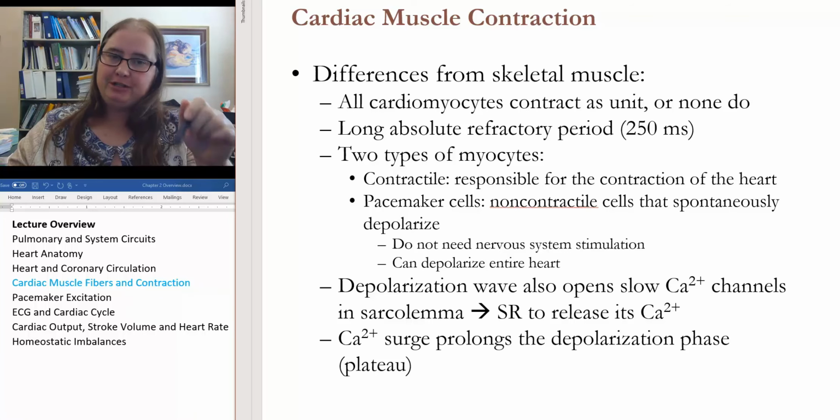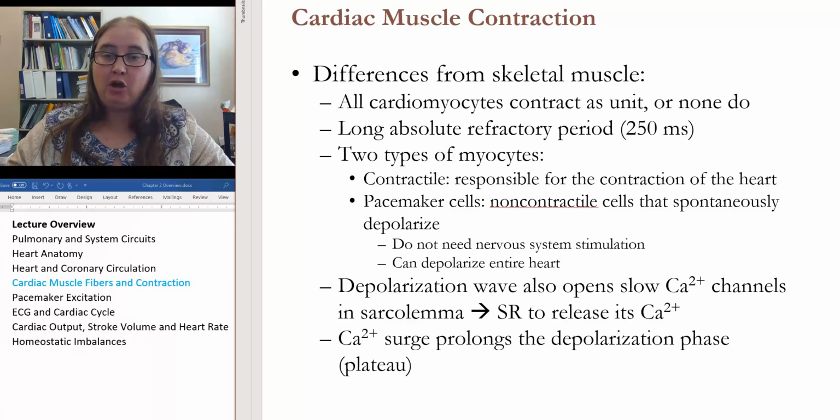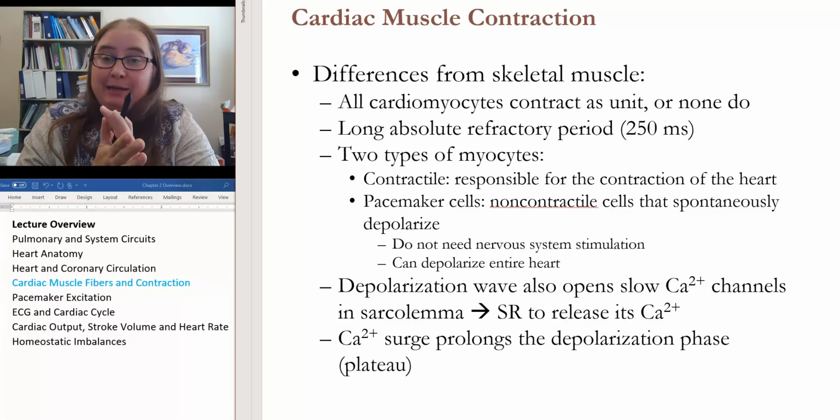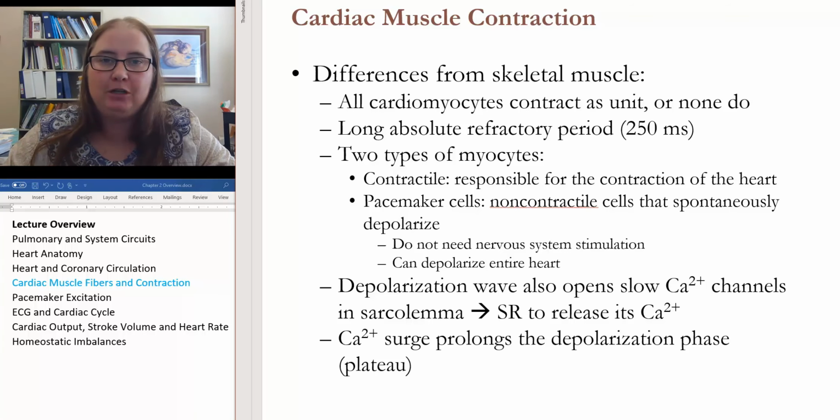The third difference is the heart is actually comprised of two cardiomyocyte populations. We have a contractile population, which is the bulk of the heart. I call this population, let me go back to my black pen, I call this population my 99%, the contractile population.